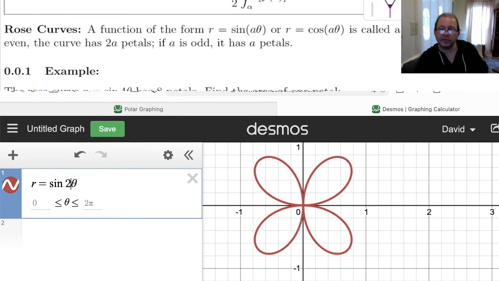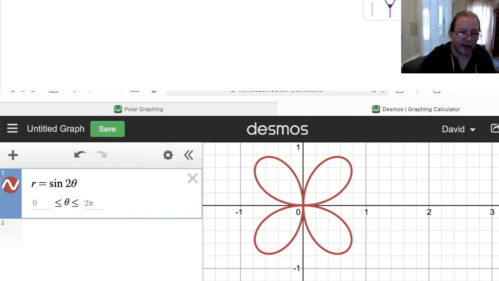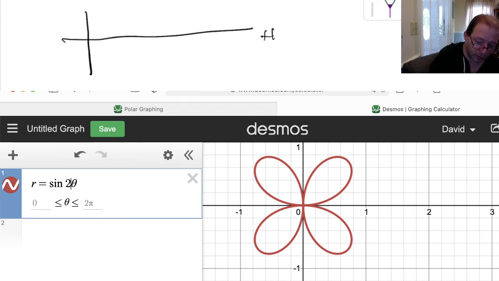sine 2 theta. If I were to graph y equals sine 2 theta in sort of the normal sense, it's going to look like this.